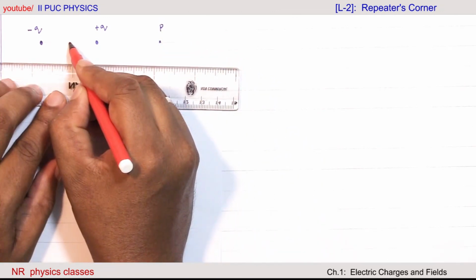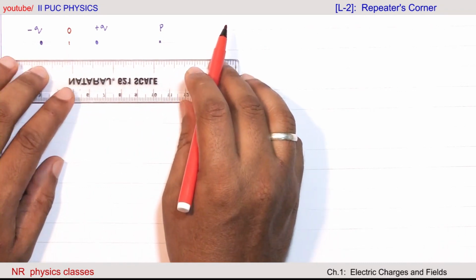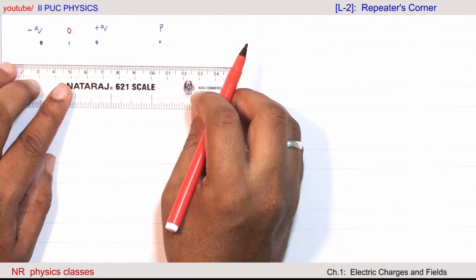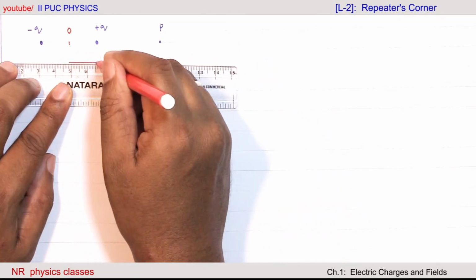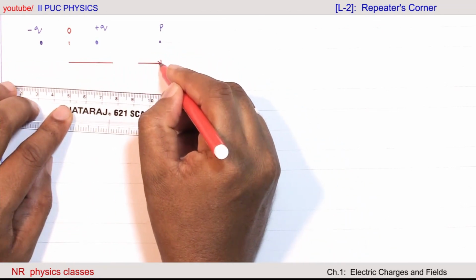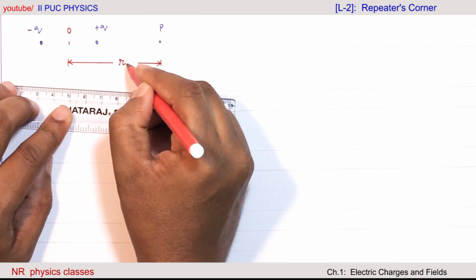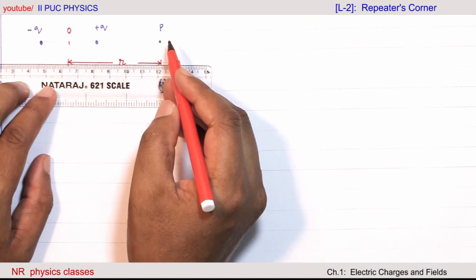This is the center of the dipole O. Distance of P from the center of the dipole is r. Then the distance between each charge and the center is a.